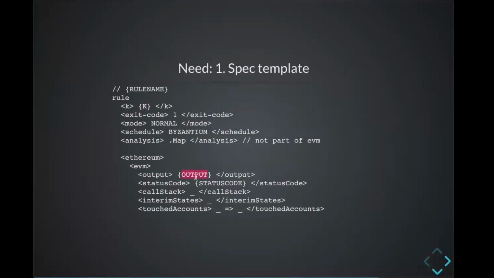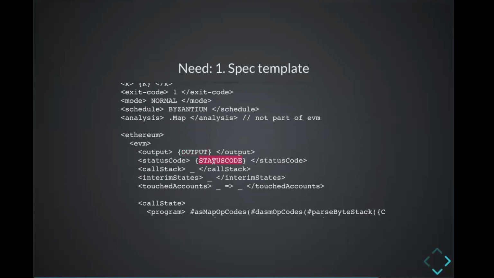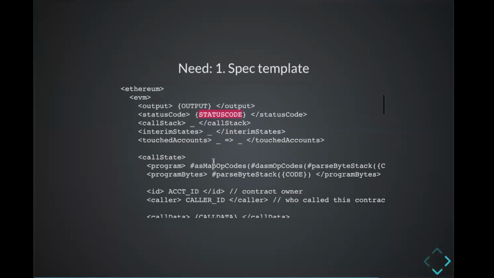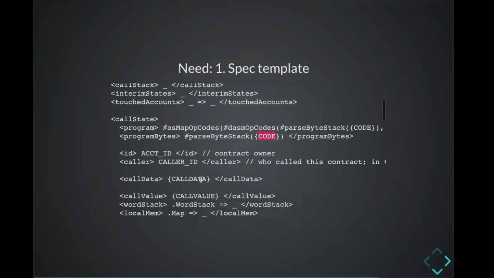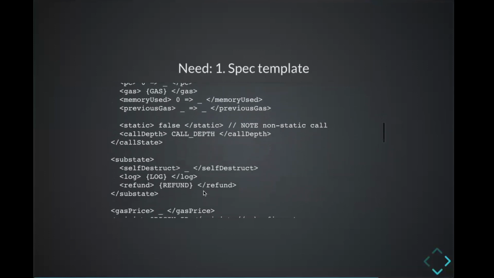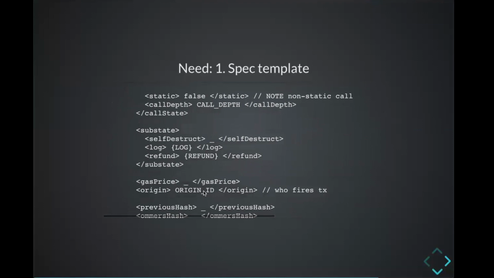Output, this is function-specific. Status code, this is even case-specific, so it's technically function-specific. Code, as we said, is program-specific. Call data and call value are both function-specific. And yeah, I mean, you kind of get the idea.